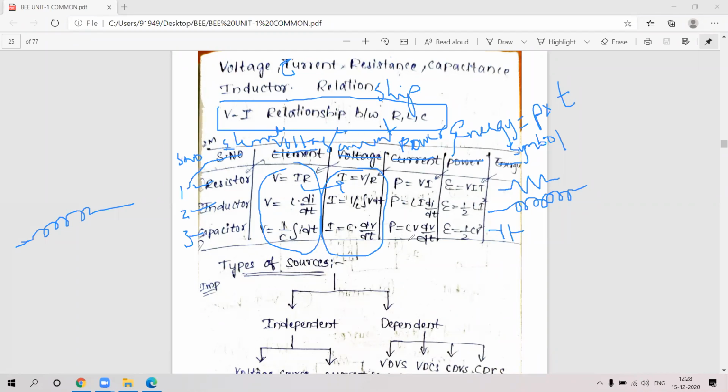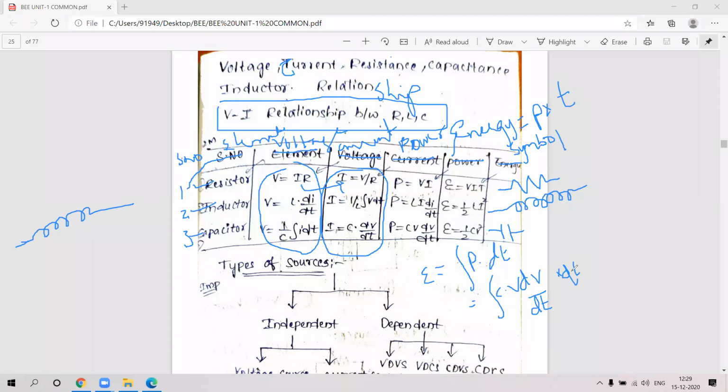We got these two equations, no? We didn't derive energy for capacitor. You can find it like this: integral of P into dt. What is the P value? P is CV dV by dt. So integral of CV dV by dt into dt.